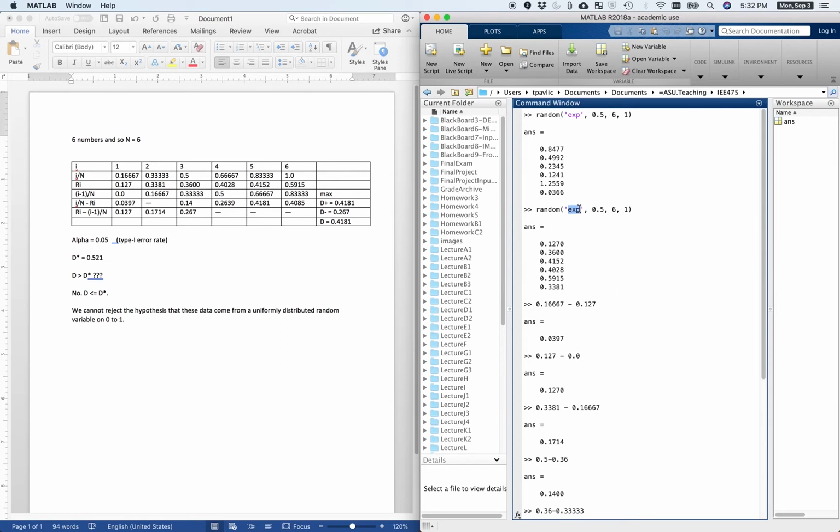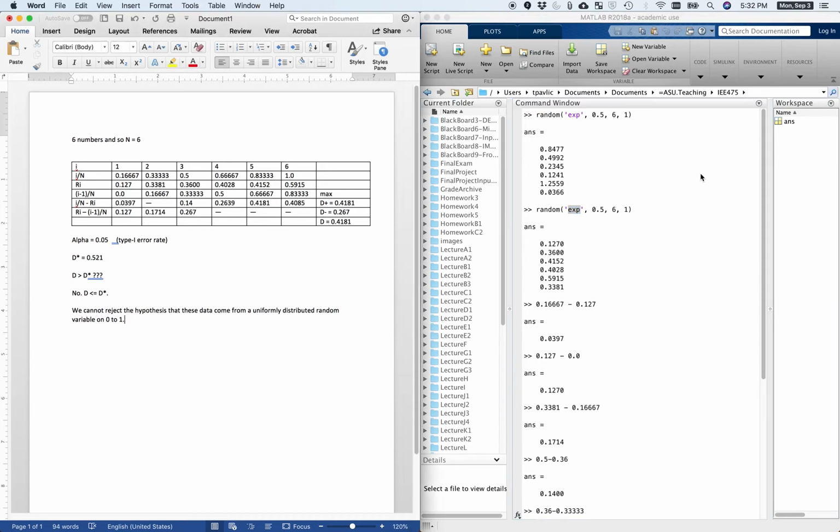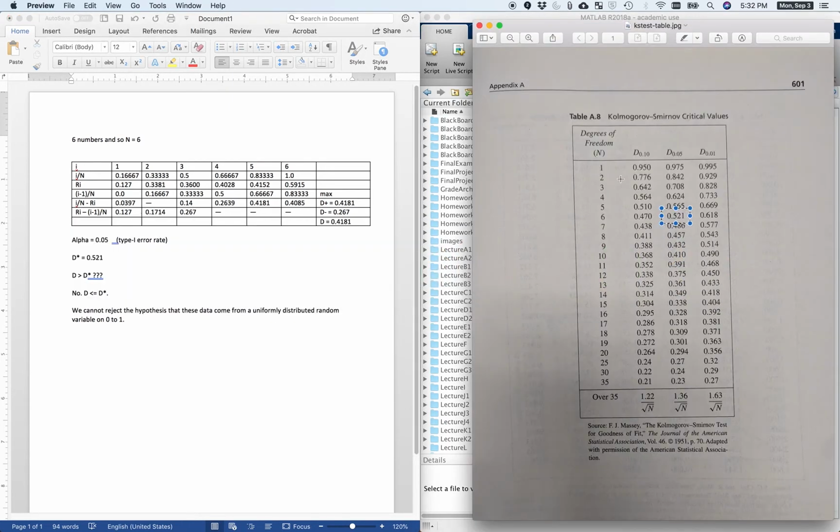But what this is telling me is that if I look back at the table here, notice that as I get more and more data, my threshold gets smaller and smaller. So what this is sort of saying is that when you have only 6 bins, the bins are naturally pretty big, right?